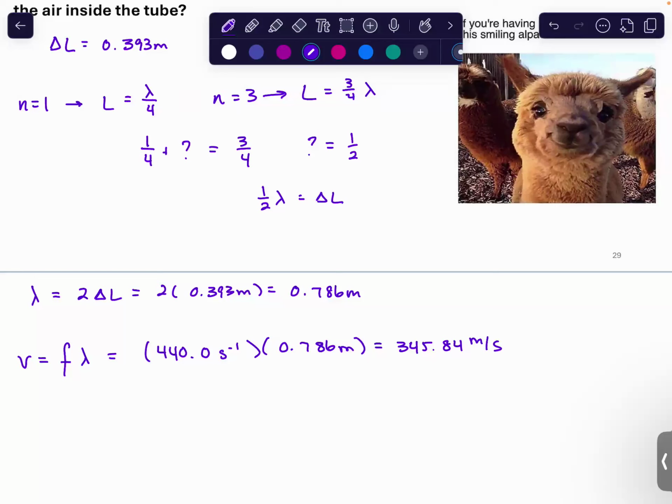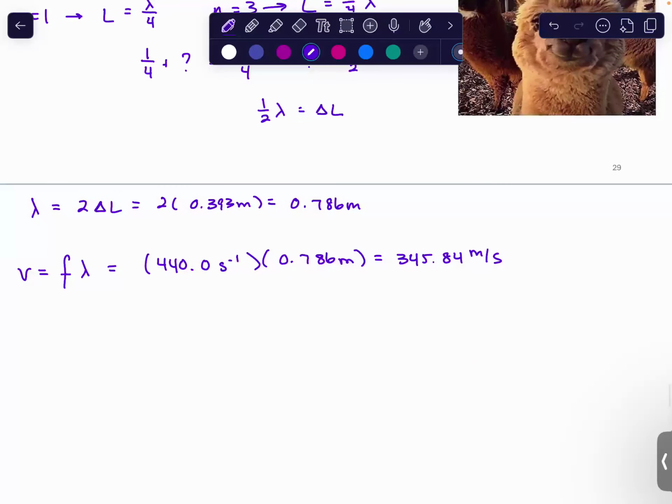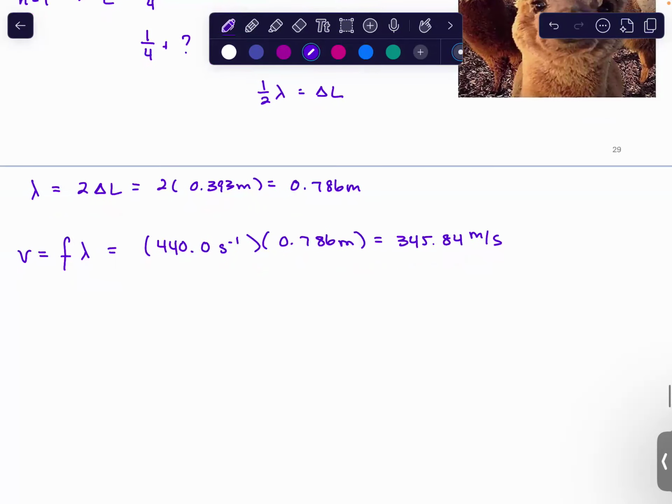So we're going to get a wave speed of 345.84 meters per second. Now, what do we use to figure out the temperature of a wave at this speed? Yep.